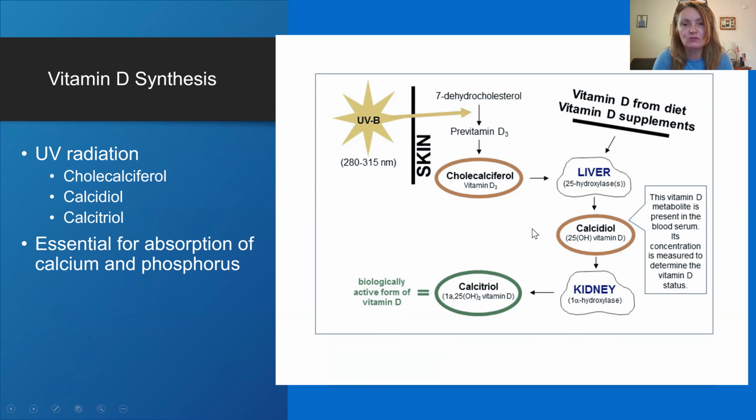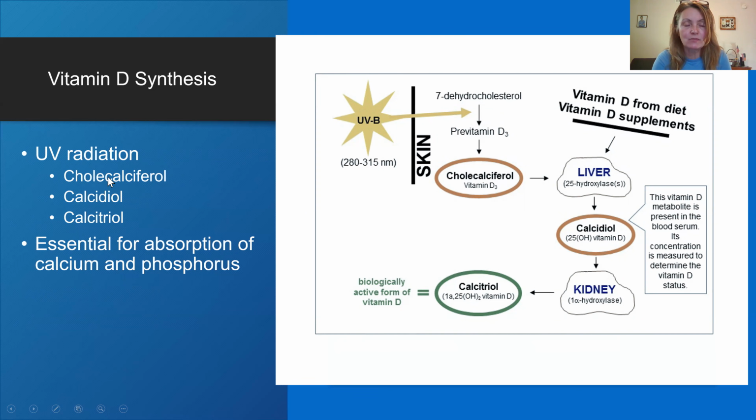We're not going into detail, but in your skin you synthesize this precursor, pre-vitamin D3, and then your liver and your kidneys will be involved in the production of the active form of vitamin D.